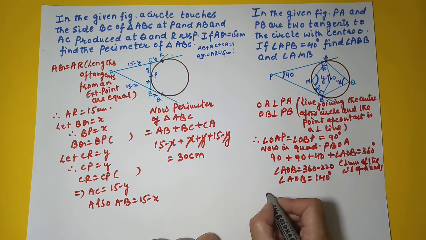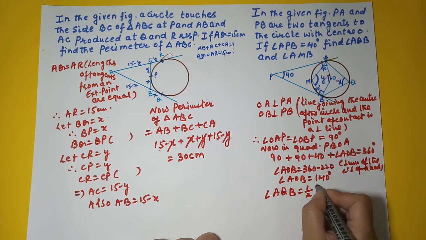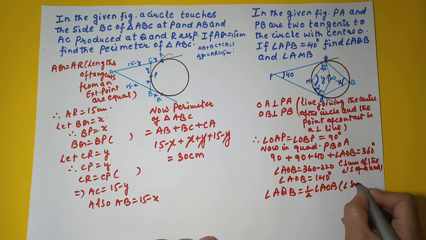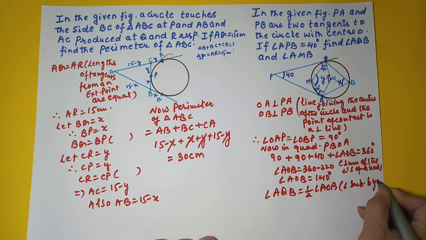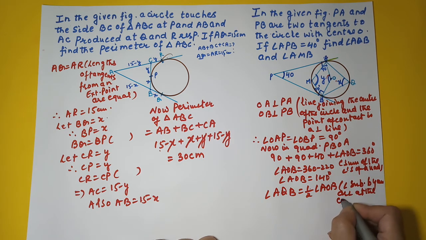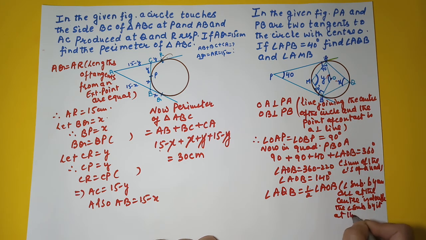Now you can say that angle AQB is equal to half angle AOB. Reason? Angle subtended by an arc at the center is double the angle subtended by it at the circumference.